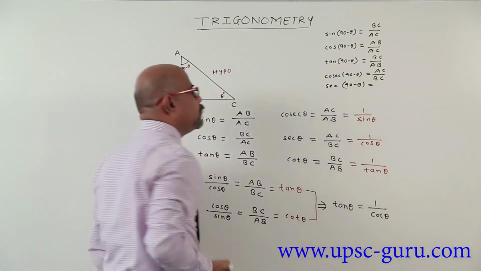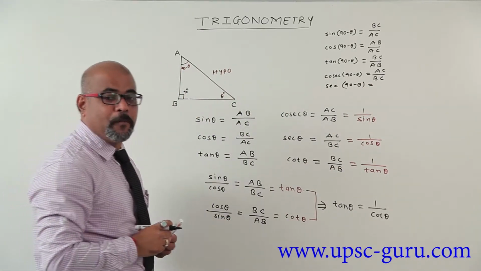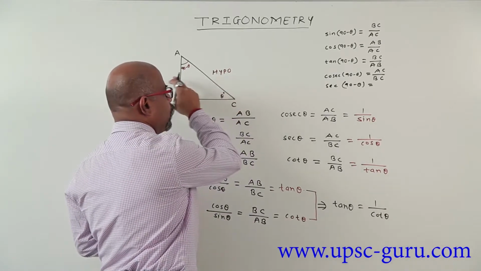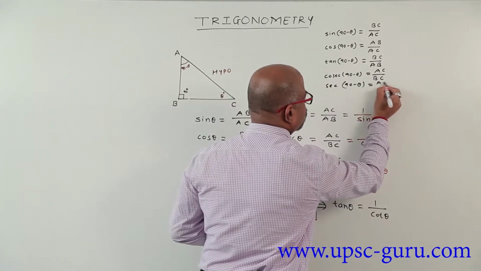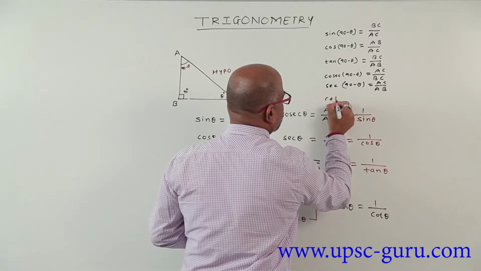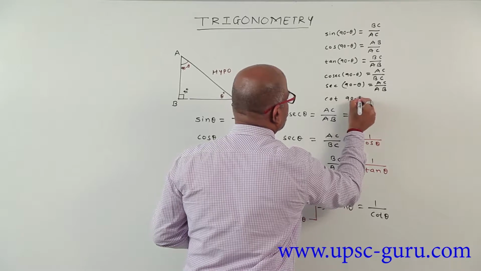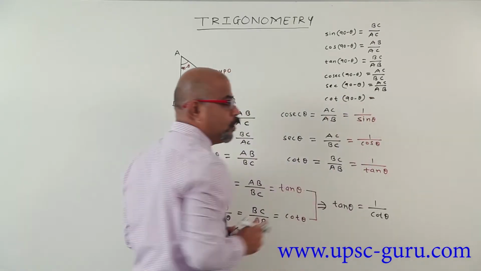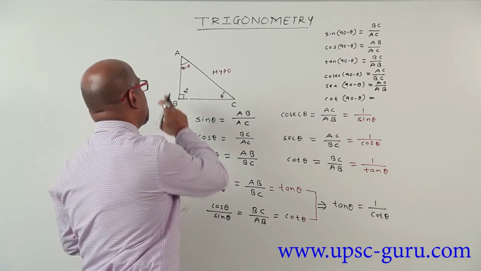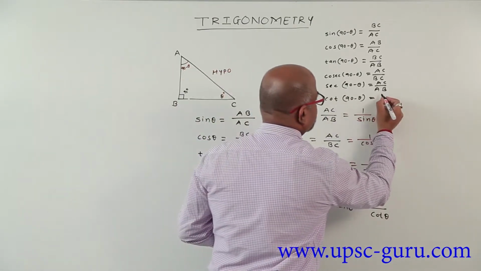We get sec means hypotenuse upon adjacent side, that is AC upon AB. Last ratio, cot 90 minus theta. Cot means adjacent upon opposite, it is AB upon BC.